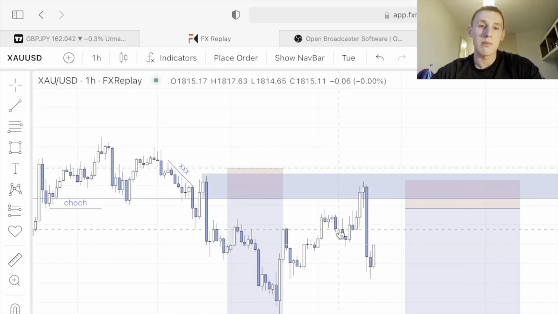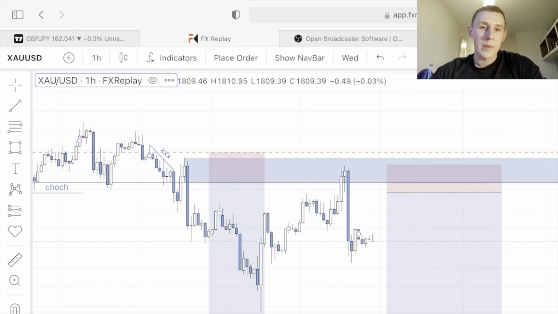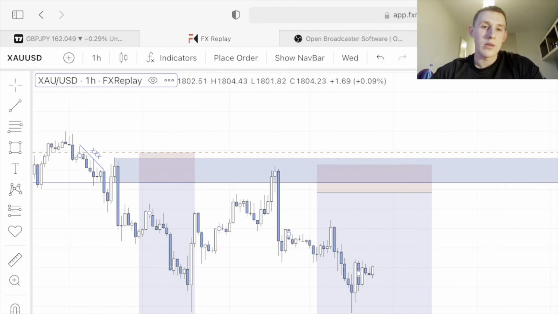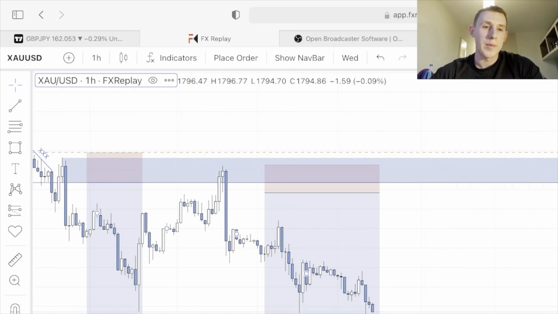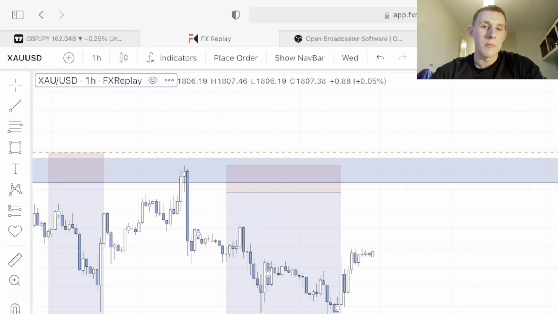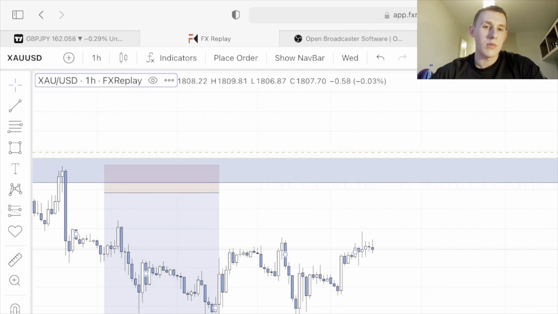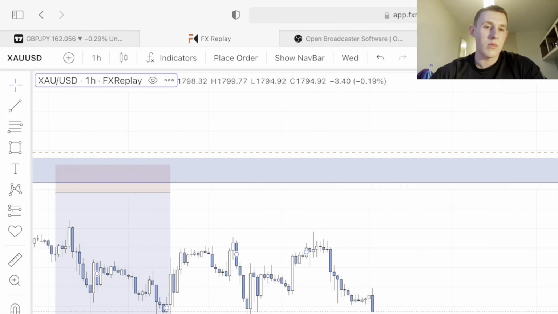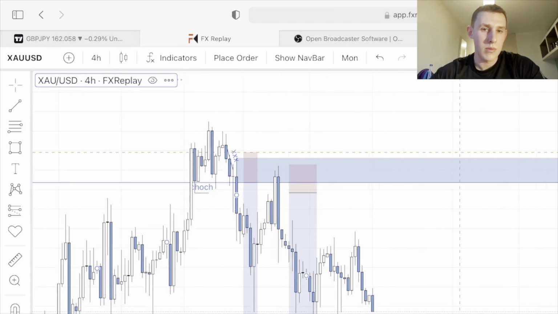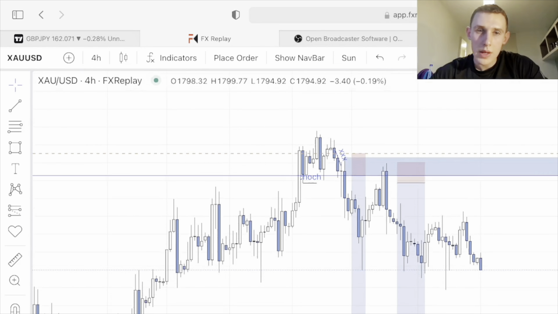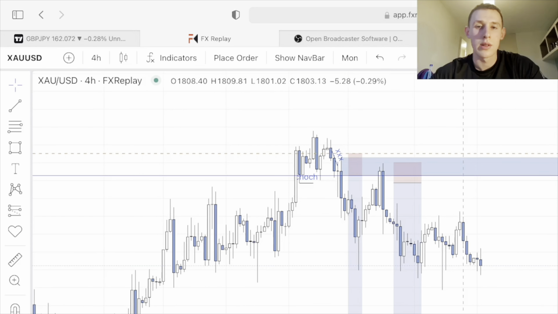But if you did miss the initial trade, this one would definitely be a valid trade if it gets tagged in or not. That one may have missed anyway, so.